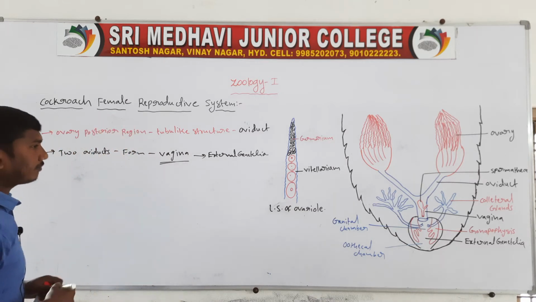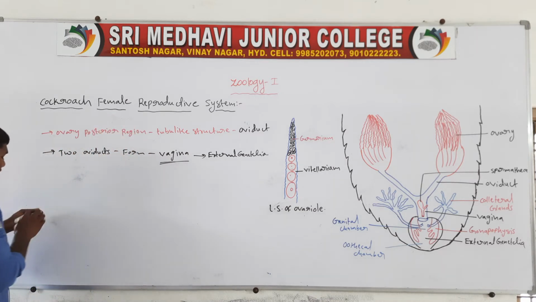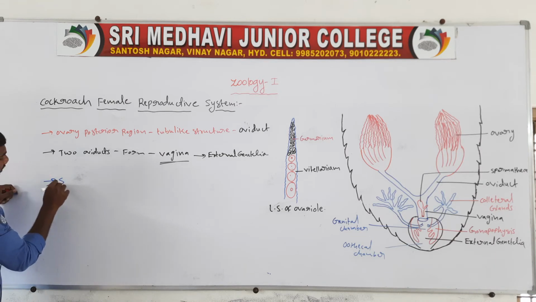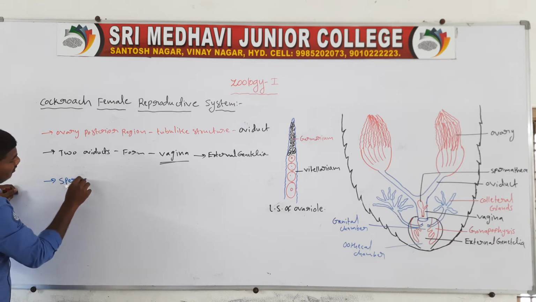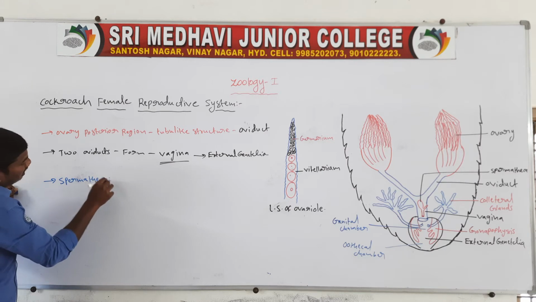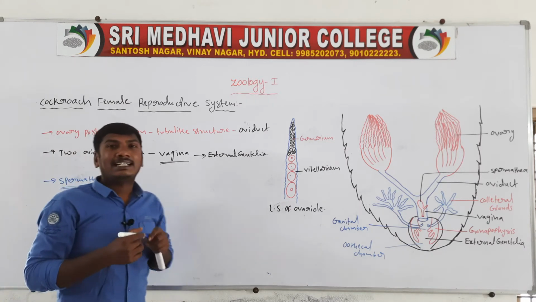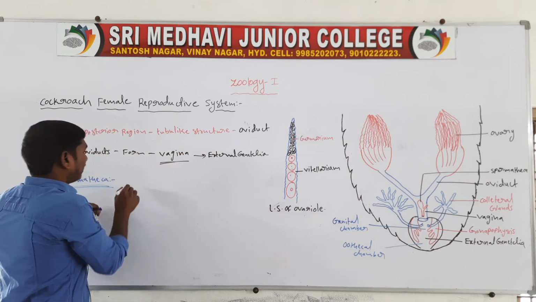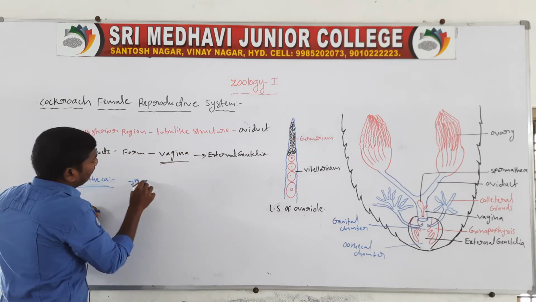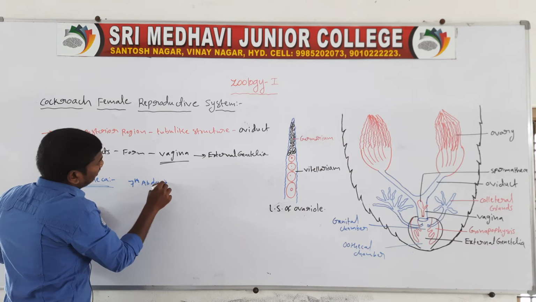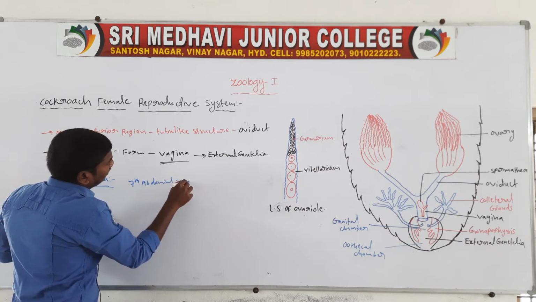Next, the spermathecae. The spermathecae are present on the 7th abdominal segment.